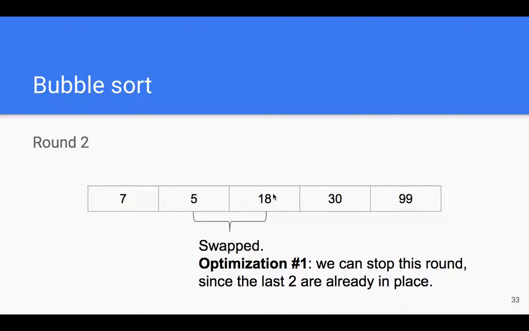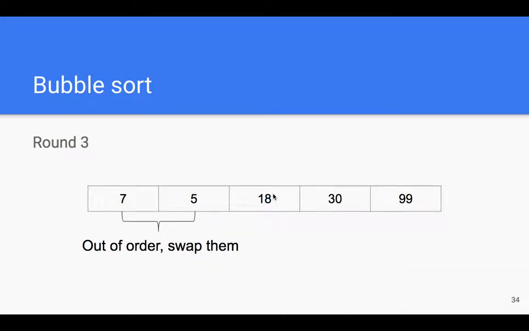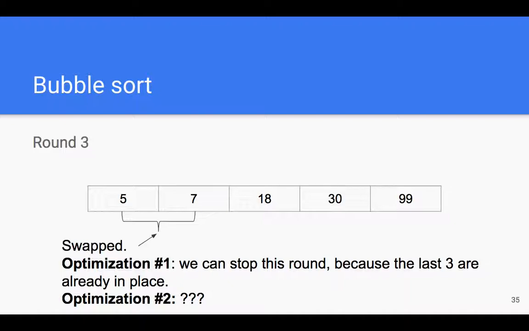So now we do this again. Round 3, or the fourth time we're doing this. Remember, we start the round number at 0, so round 3 is the fourth round. So we're comparing 7 and 5. They are out of order, so we have to swap them, 5 and 7.